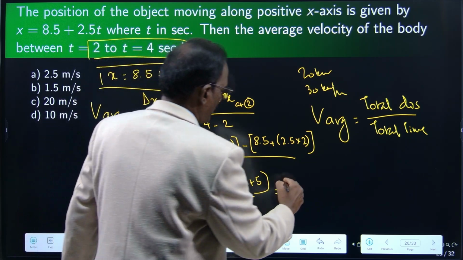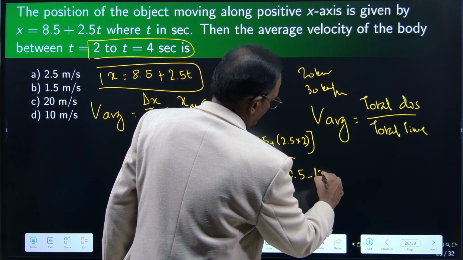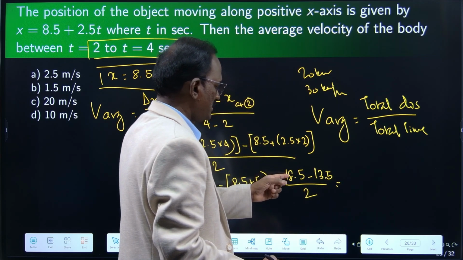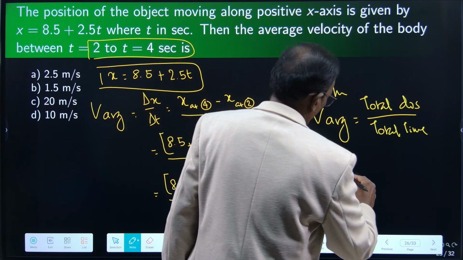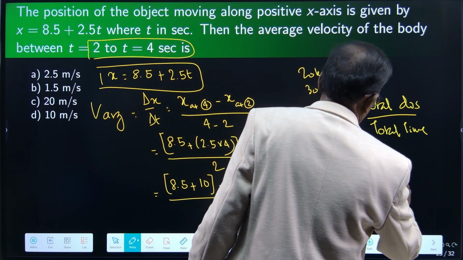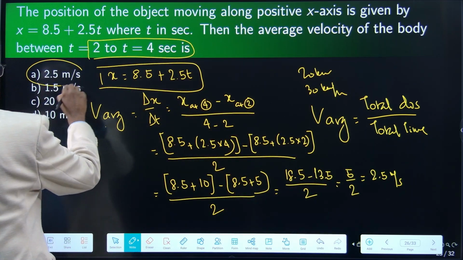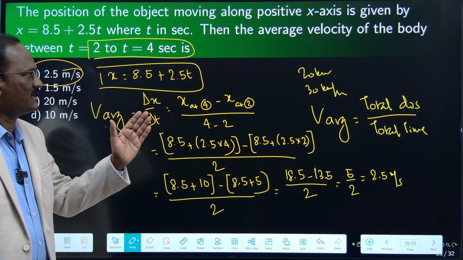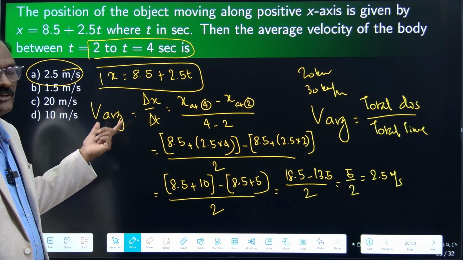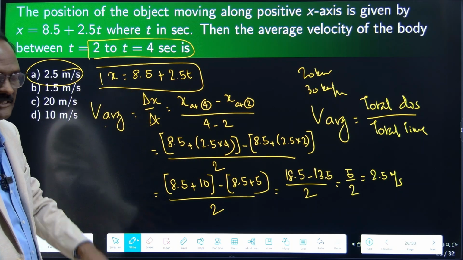This will be 18.5 minus 13.5 divided by 2. So 18.5 minus 13.5 is 5, 5 by 2. Yes, this is 2.5 meter per second. Option A. So if the question is coming in equation form, you must use delta x by delta t to calculate V average. This formula cannot be used, right? If it is V instant, dx by dt.